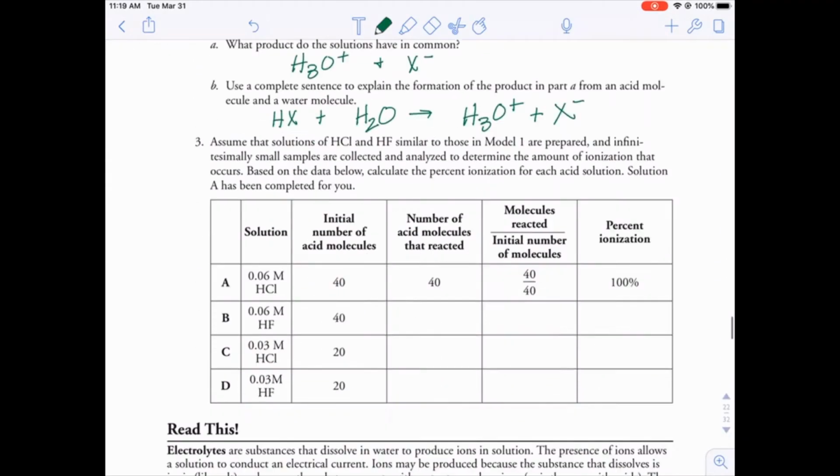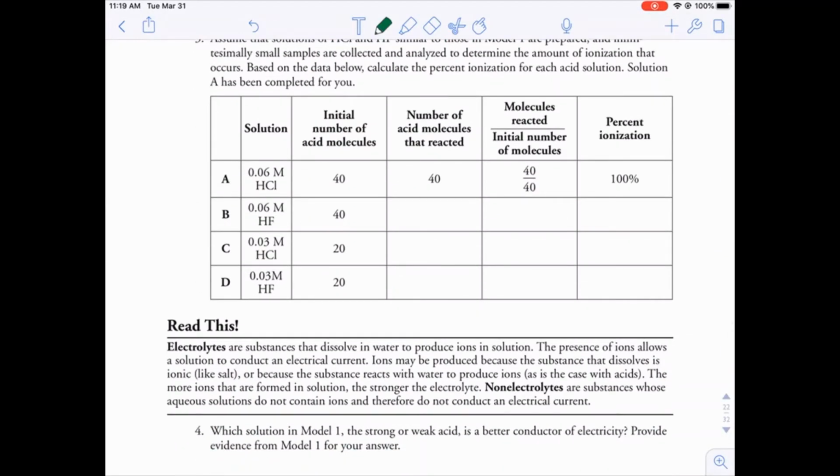All right. So for a 0.06 molar hydrochloric acid, if we start with 40 molecules, it tells us that 40 molecules have reacted, 40 out of 40, 100%. All right, for B, the hydrofluoric acid, we know from counting just now that 20% are going to react or ionize.